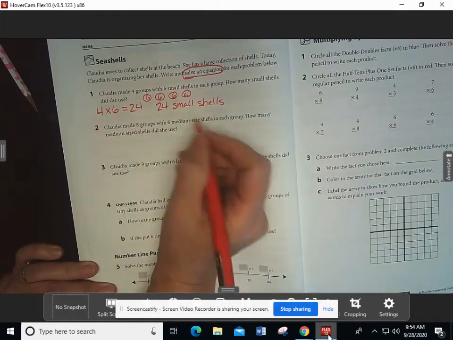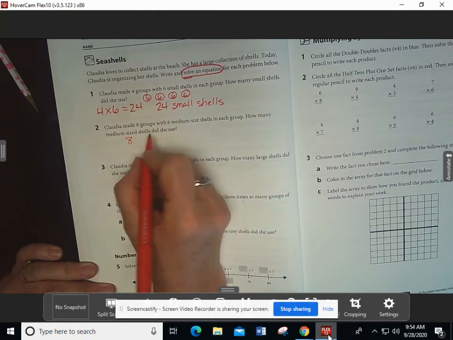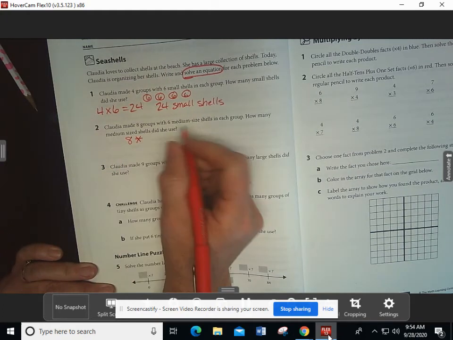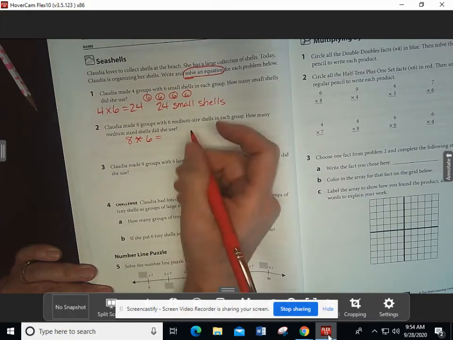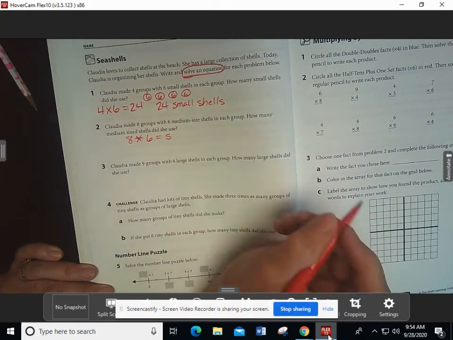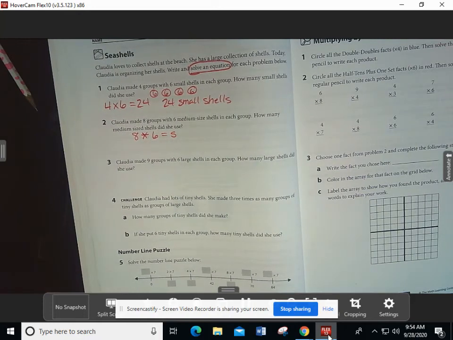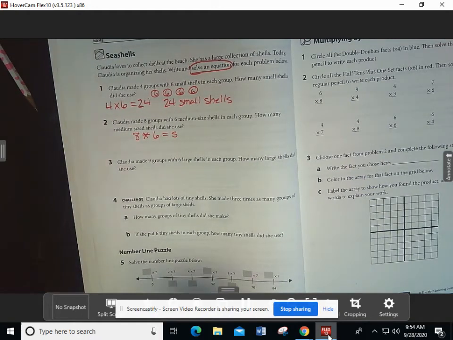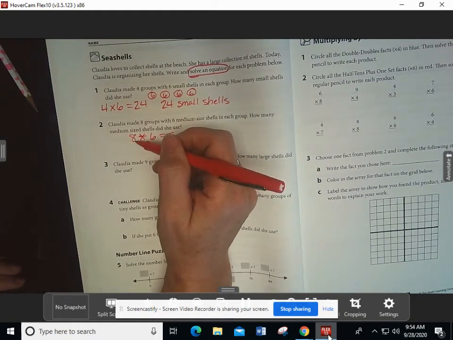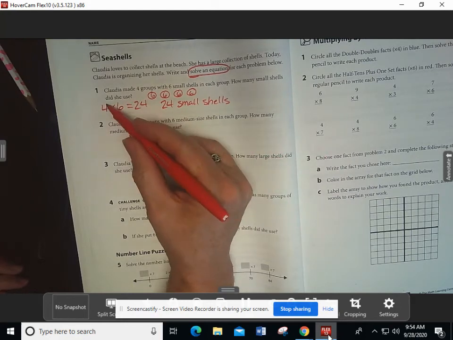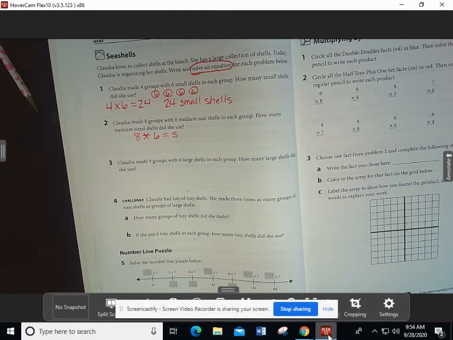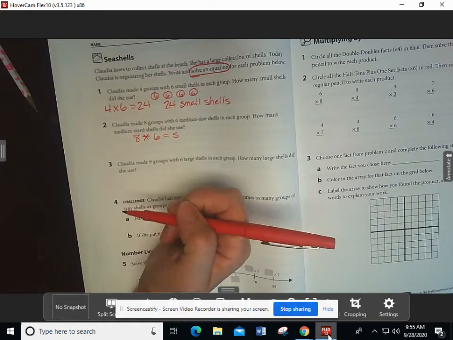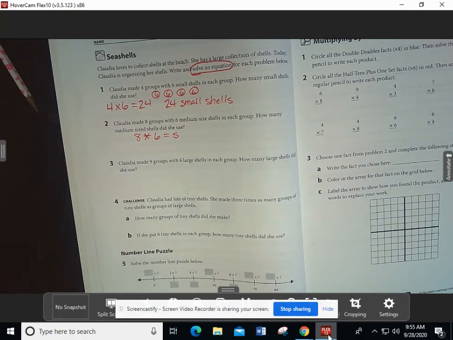Moving on, now Claudia made 8 groups with 6 medium shells in each group. Did anybody notice that our 4 doubled to an 8? So if our 4 doubled to an 8, what can we do with our product? If one of our factors doubled, then we know something happens with our product.